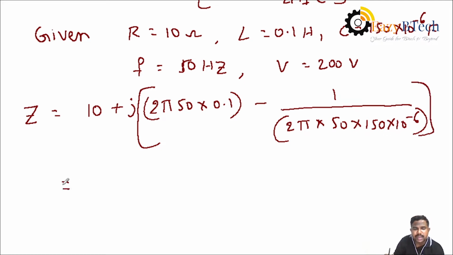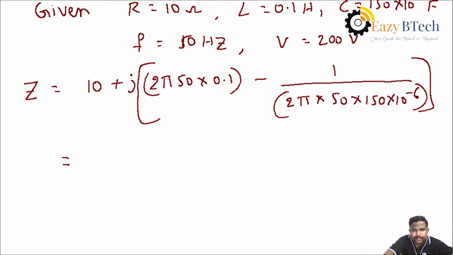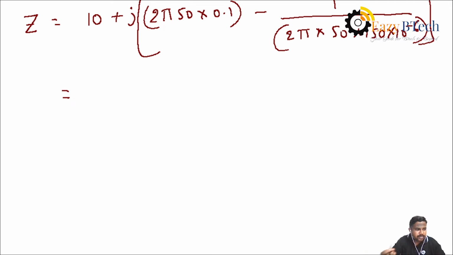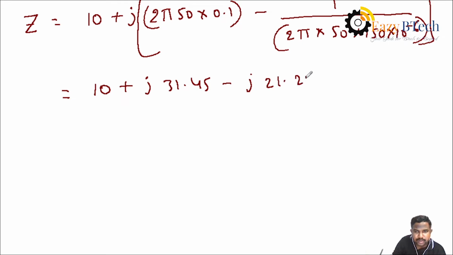Okay, by using a calculator, you can simplify the total equation. The value you have to find out is 10 plus j 31.5 minus j 21.22 for the total value.